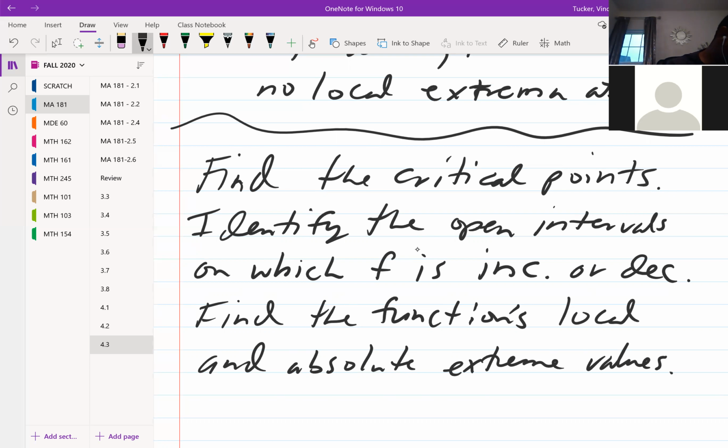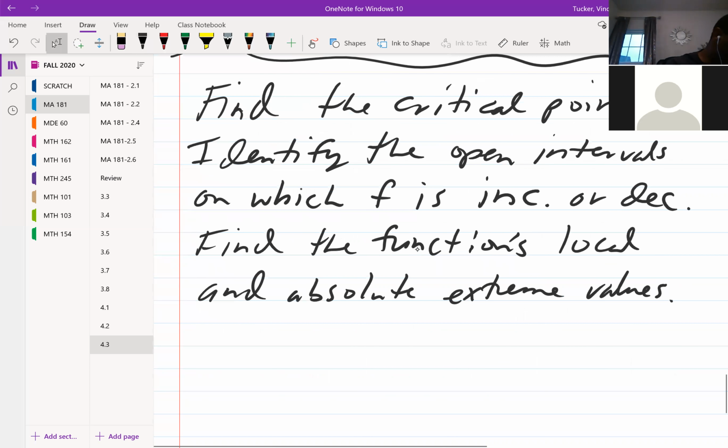All right, so we want to find the critical points, identify the open intervals on which f is increasing or decreasing, and find the function's local and absolute extreme values.